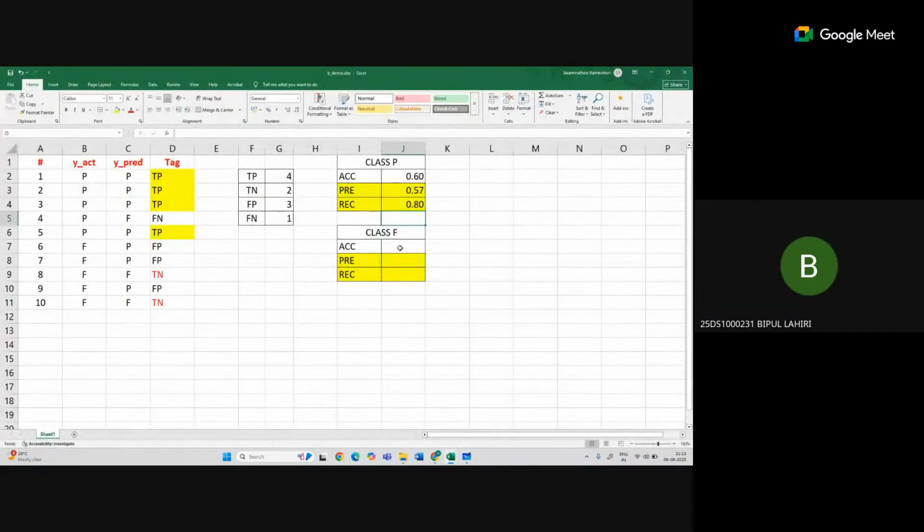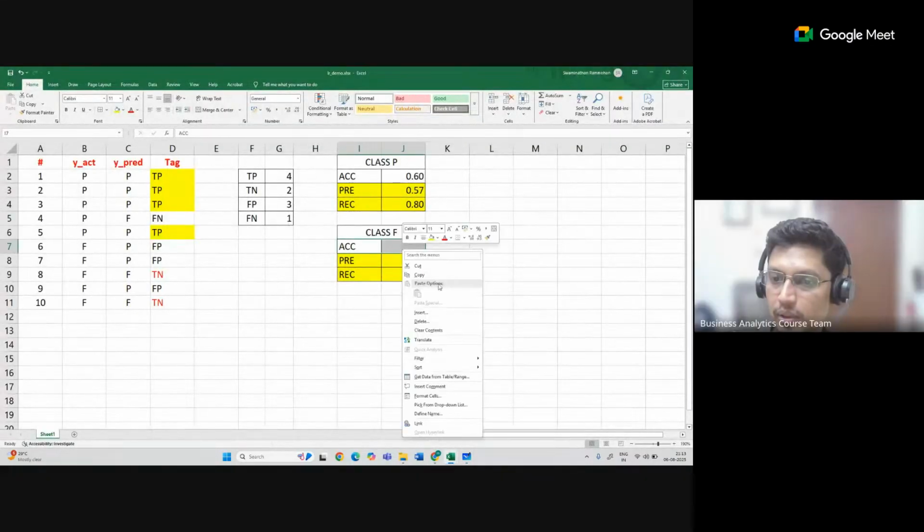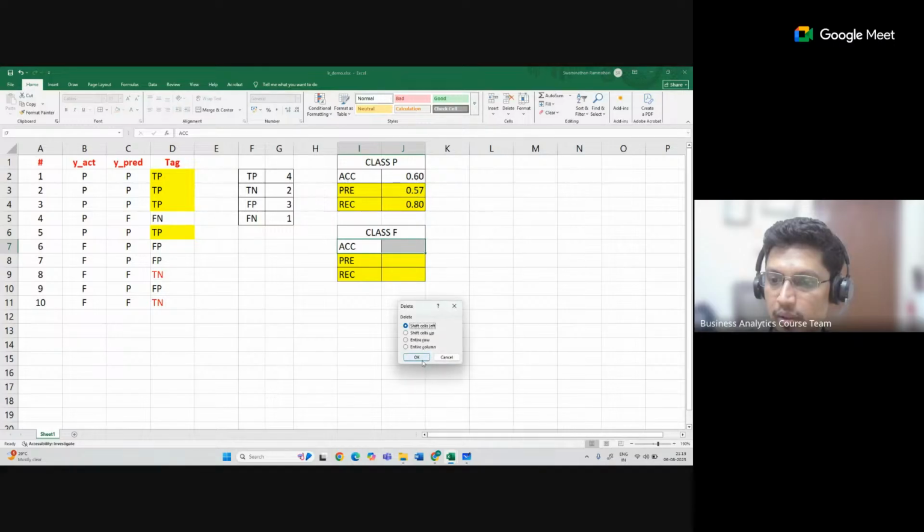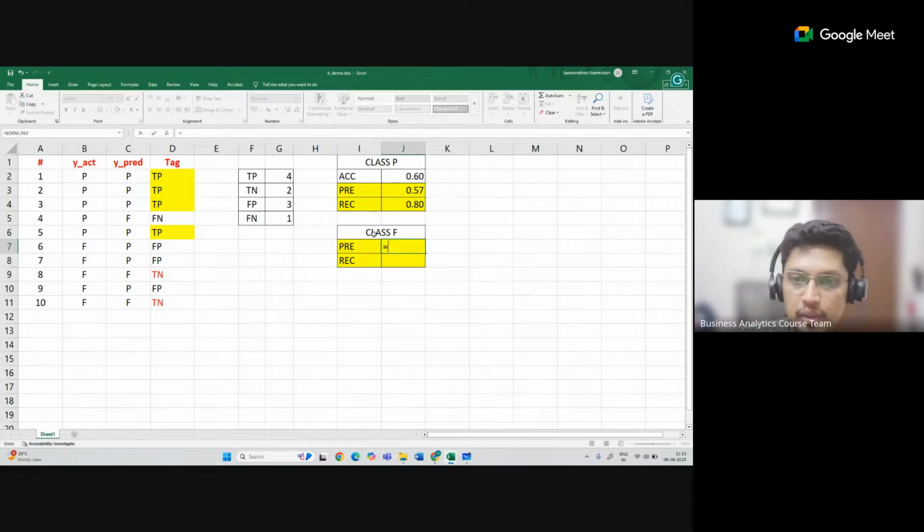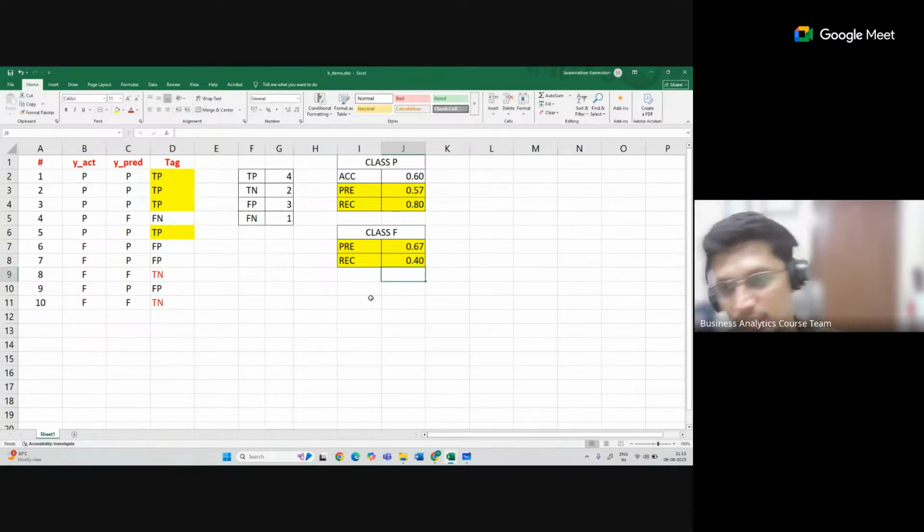Precision of the negative class is true negative divided by true negative plus false negative. And recall is true negative divided by true negative plus false positive. Is this easy?